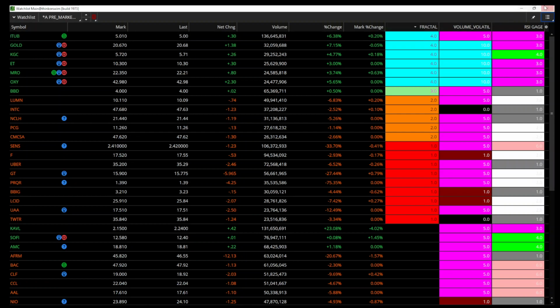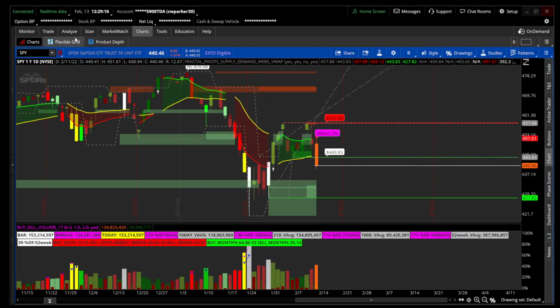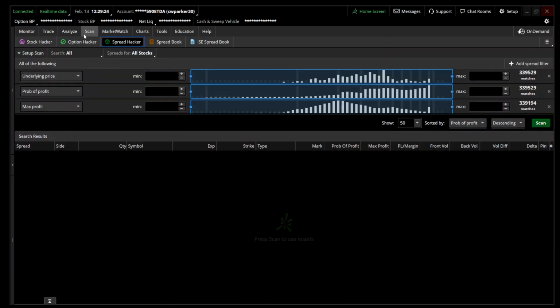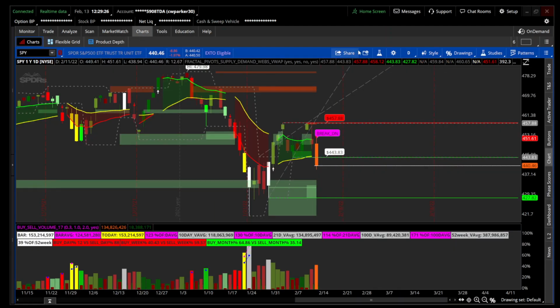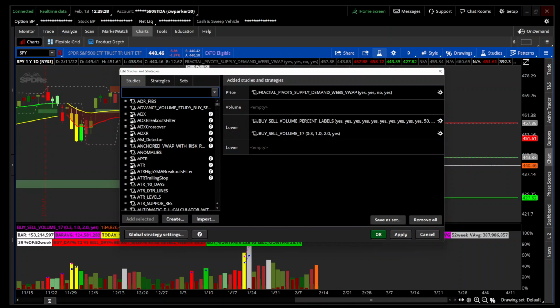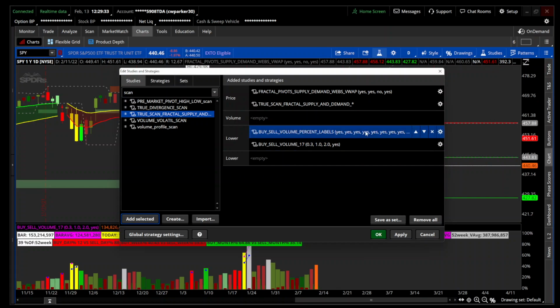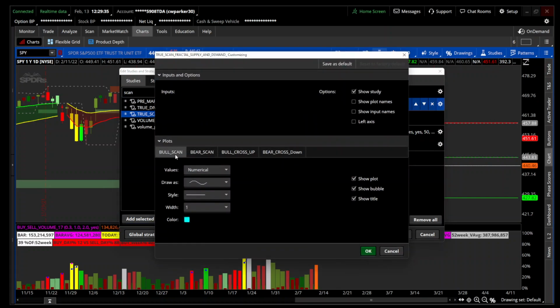So you'll be getting that, and you'll also be getting the scan as well. So the fractal supply demand scan. So you'll be getting that scan right there. Let me go back to the chart and let me pull up that scan. And in the scan, you'll be able to do a bull scan for a creation of a new demand zone.